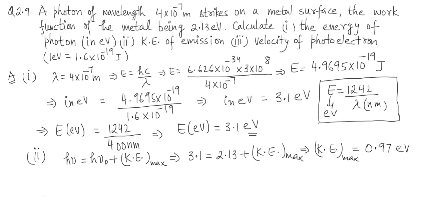Clear? All right. You can also convert it into joules if you require. 1 electron volt is given to be 1.6 into 10 to the power minus 19 joule. So you just have to multiply it. The third part is velocity of photoelectron. All right.